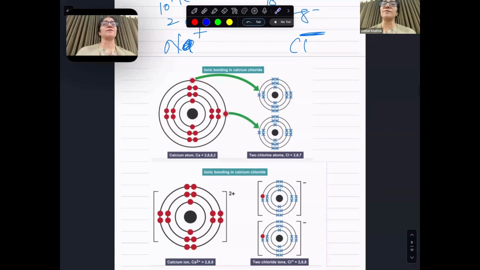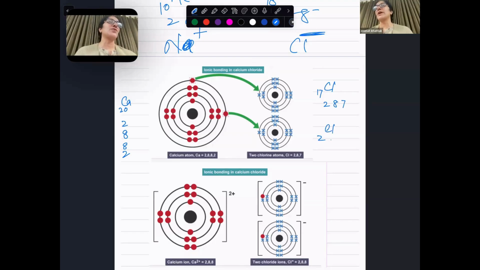Next. See? Calcium chloride. You know what calcium is? 20, 2, 8, 8, 2. And chlorine, you know, 2, 8, 7, 2, 8, 7. Now what is happening? Calcium will lose 2 electrons.